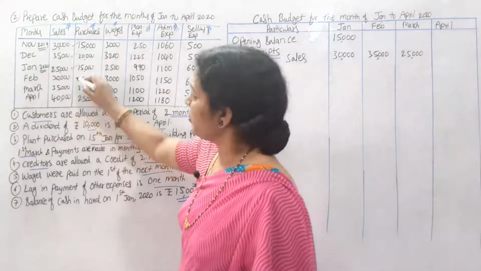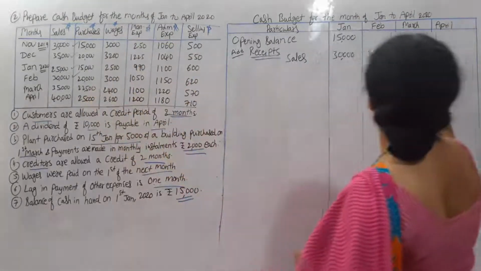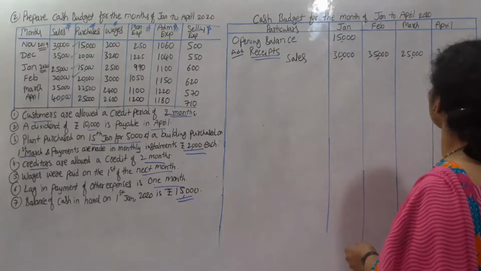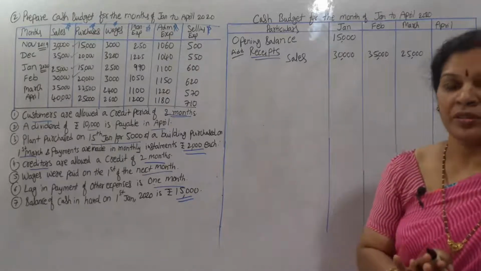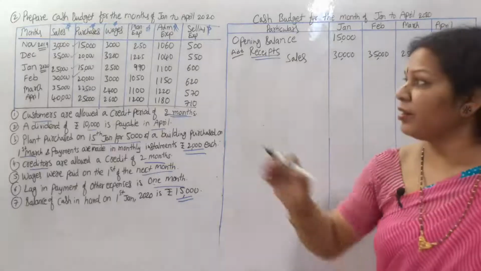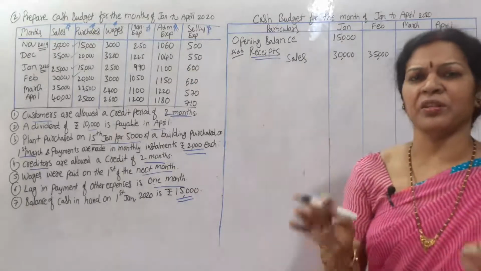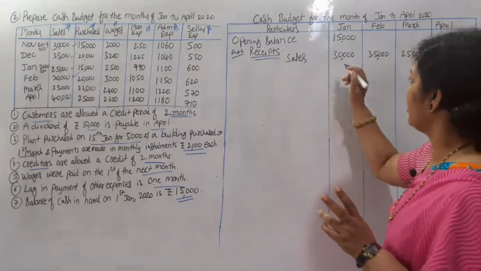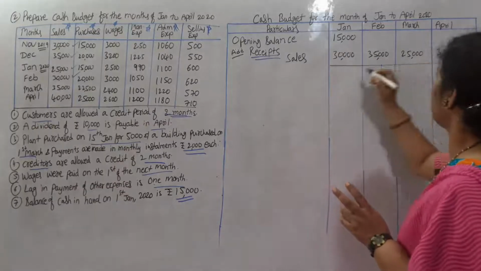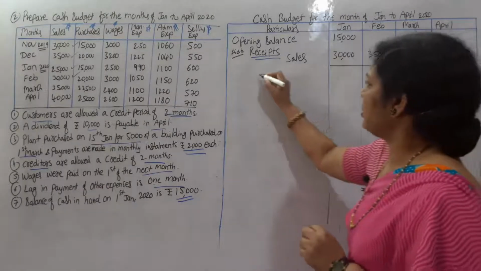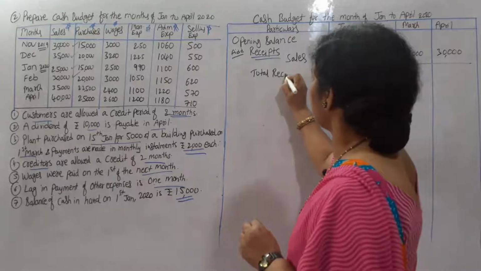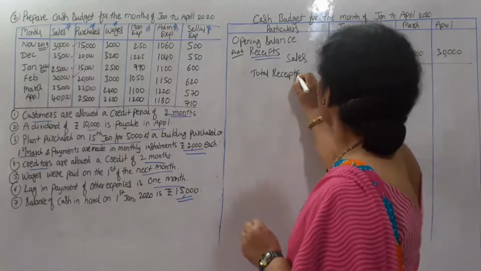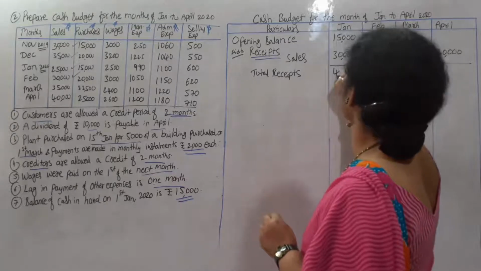Next, for April, 30,000. That's all. We don't have any other receipts. Everything else is payments only. So we can total up the total receipts. It is 45,000.